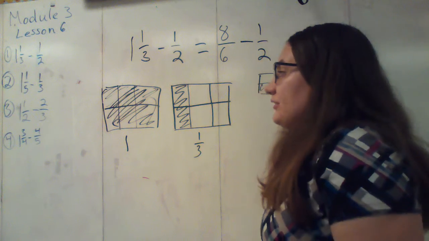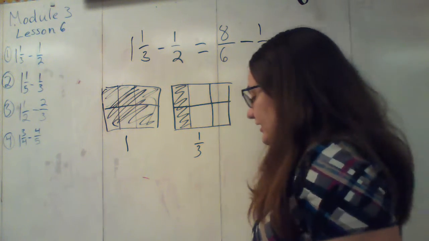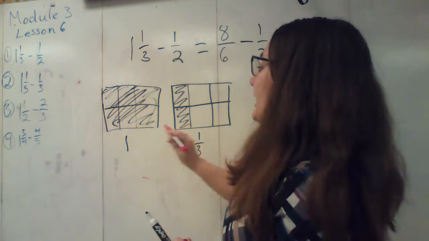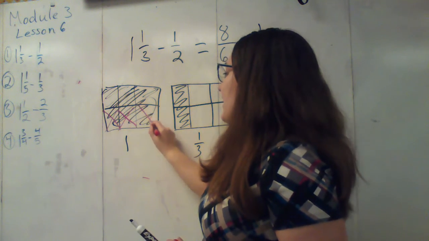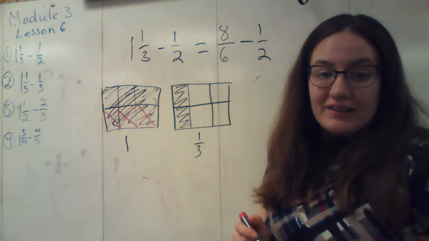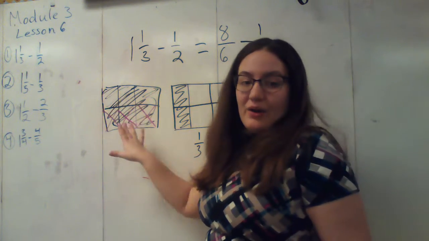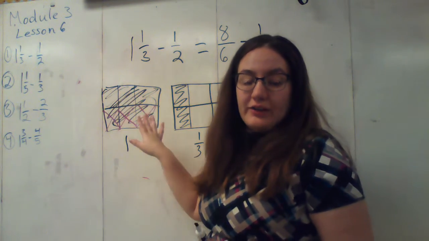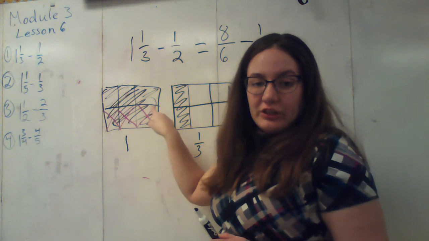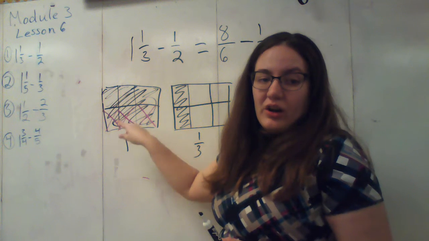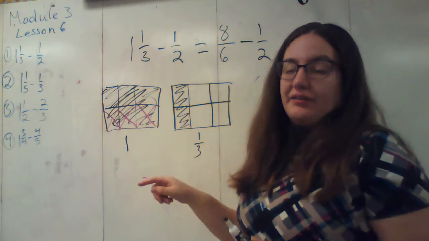So I'm going to imagine with my different color marker that I am cutting off 1/2 of it. So I'm going to cross out 1/2 of the boxes out of my whole model right here. I know that I cut it in half earlier, so I'm basically going to cut off 1/2.